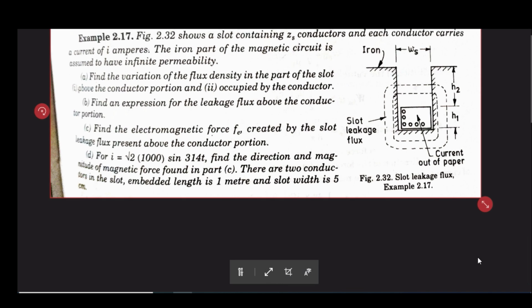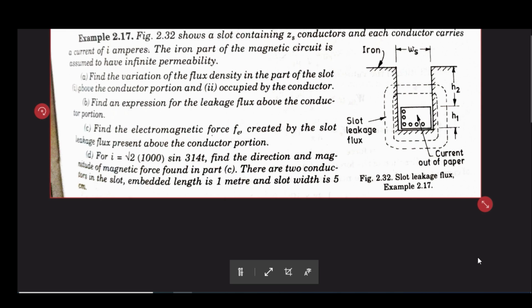So let us start. First of all, see that reluctance of the iron path is negligible. So all the MMF you consider, you can expect that if you consider this total as a series connected magnetic circuit, most of the MMF is present here.